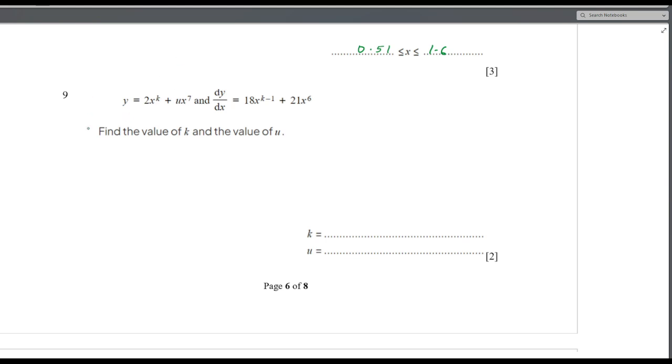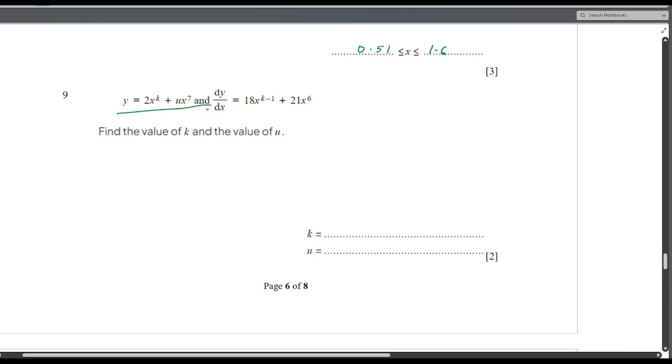See one thing, y is given to me. If I differentiate it, if I say dy by dx, my result will be 2x power k, which can be written as k into x power k minus 1, plus ux power 7 will be written as 7x power 6.